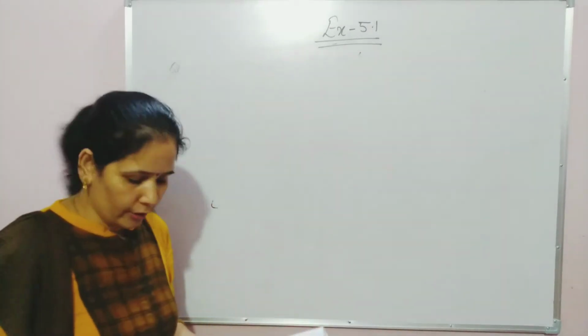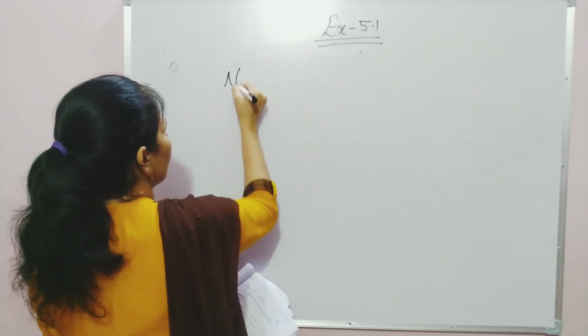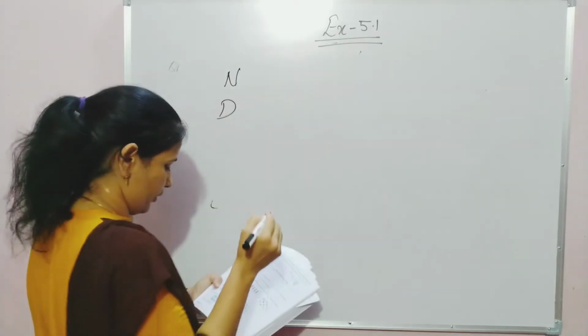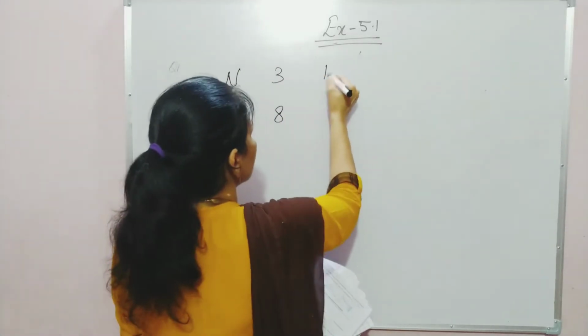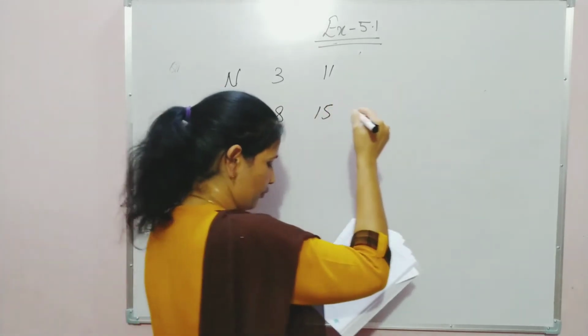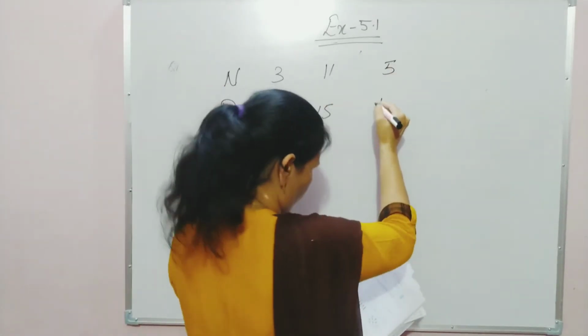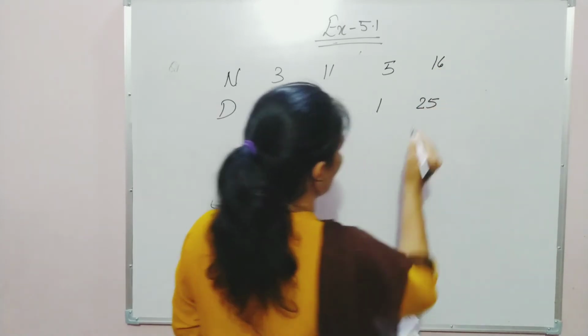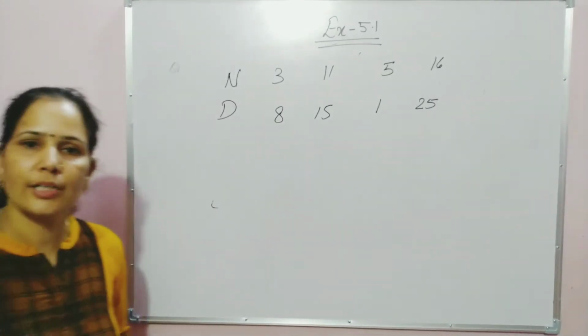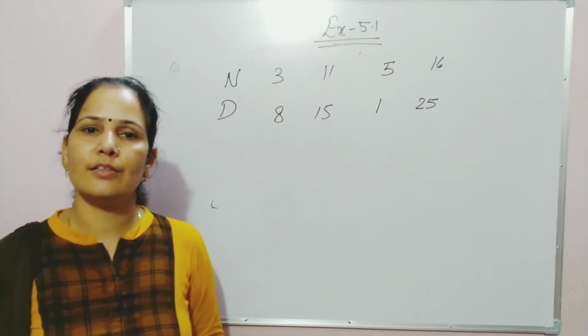Question number 4. In question number 4, they have given the numerator and denominator, and we have to write the fraction for them. By using the numerator and denominator, we have to write the fraction.